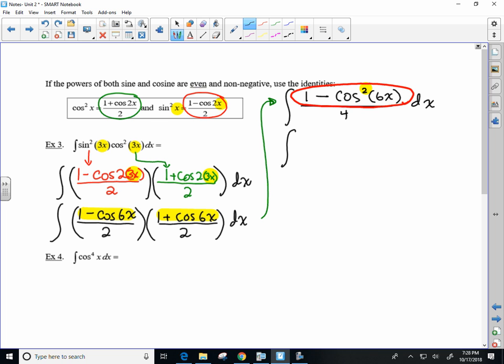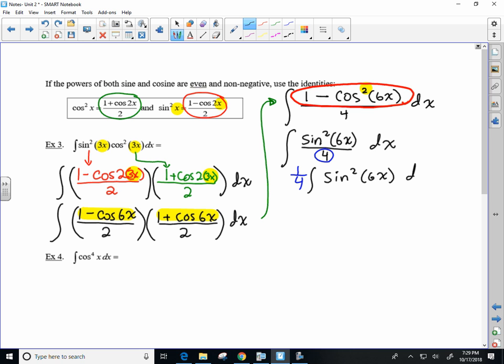What is 1 minus cosine squared equivalent to? Sine squared. So this is the sine squared of 6x dx. Which in turn, if I pull out that 4, I can make it as 1/4 times just the sine squared of 6x.